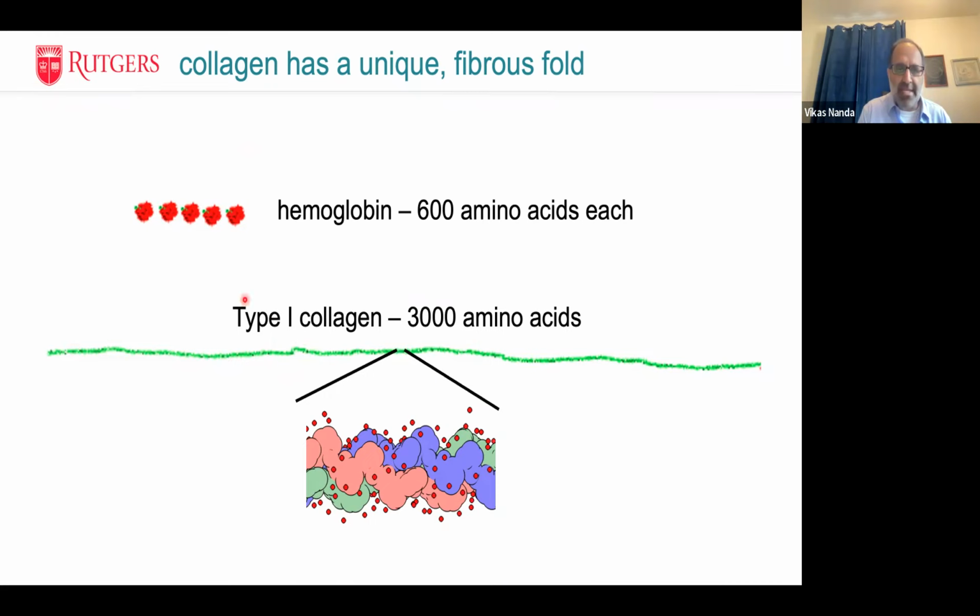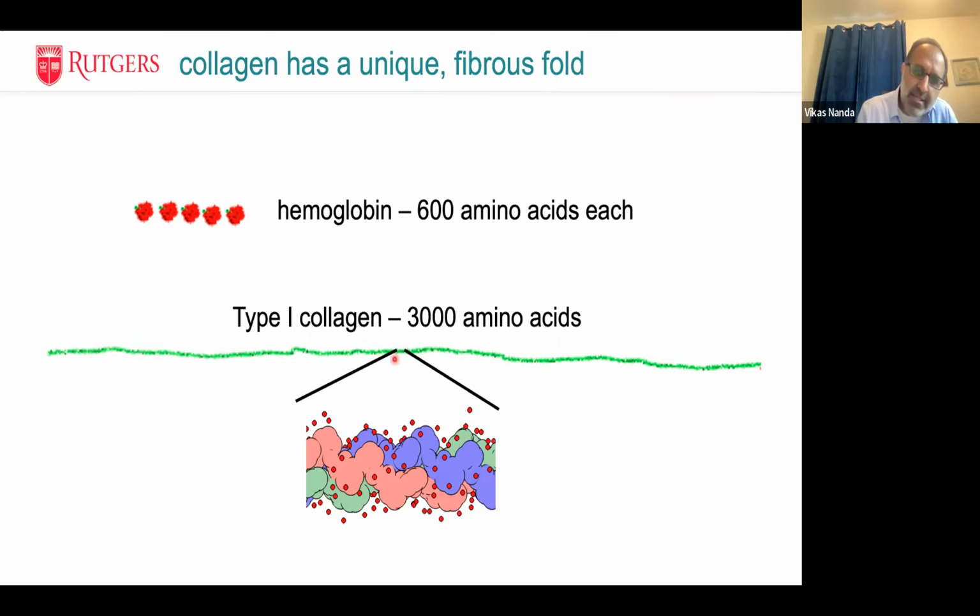Here's the same mass, but now in hemoglobin. One hemoglobin is about 600 amino acids, so I'm showing you 5 of them so that it's a fair comparison. And you can see that there's a very big difference in the compactness of the structure. Collagen is this long fibrous thread, and hemoglobin is this really compact, sort of football-shaped molecule. So because of all those glycines and prolines, something about that very different amino acid content is completely changing the shape of this protein.